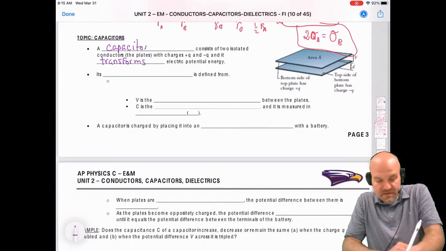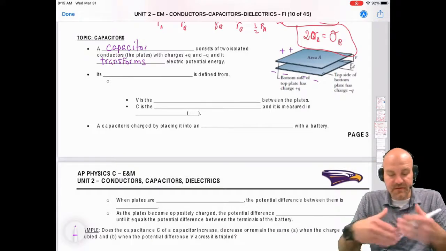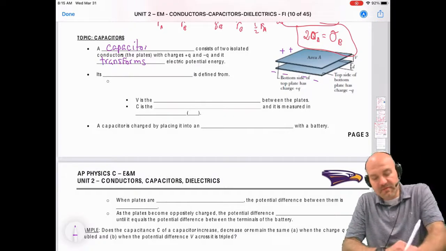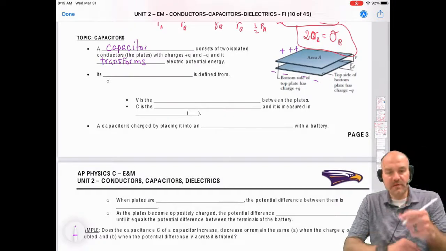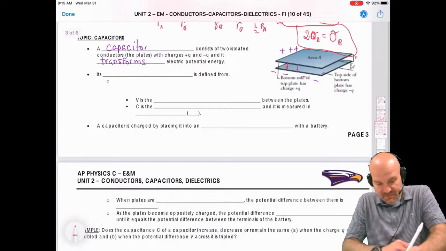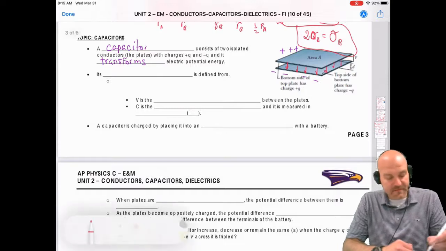One thing to note is that one plate will be positively charged and one plate will be negatively charged. I think in the diagram I have them flipped backwards, but that's how a capacitor works. And you have to remember, if we're talking about E field, it goes from positive to negative, throughout this entire capacitor.